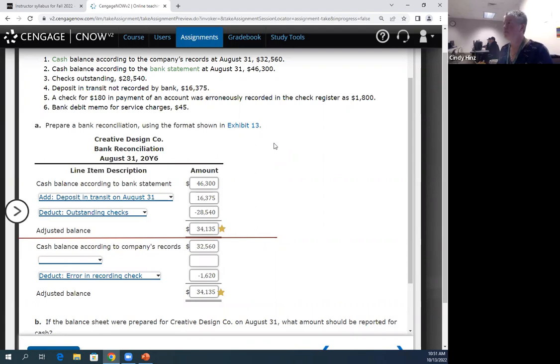Maybe we accepted a couple checks from customers that bounced, and so the bank charged us for that. I don't know what these service charges are for, but what I do know is we don't have them in our records yet. How did we find out about them? Well, they showed up on the bank statement. And so again, after we find that discrepancy, we will need to fix it.